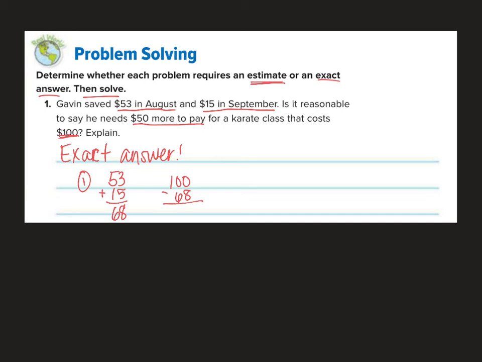All right. I have to ungroup all the way at the hundreds. Yikes. That doesn't help me do 0 minus 8, so I have to ungroup my 10. And now I have 10 minus 8 is 2. 9 minus 6 is 3. So he needs $32 more to make 100, $32 more to pay for his karate class.